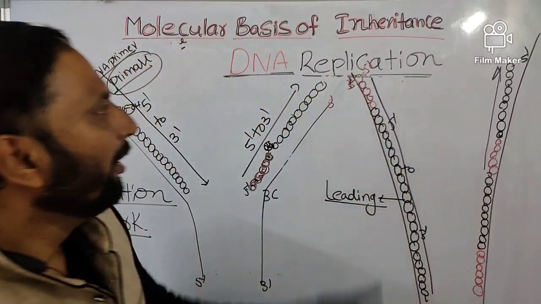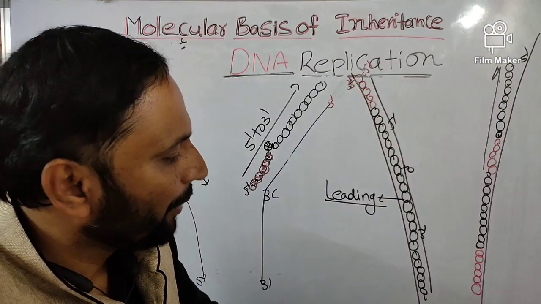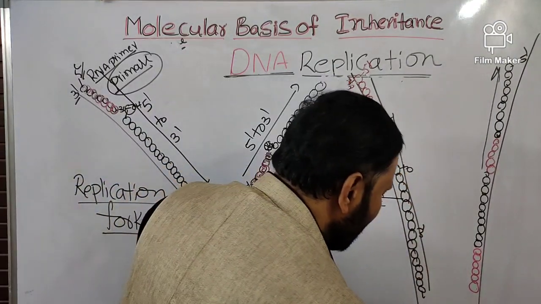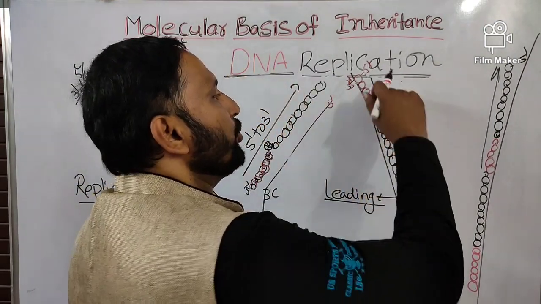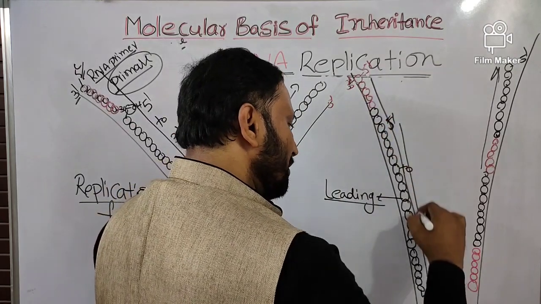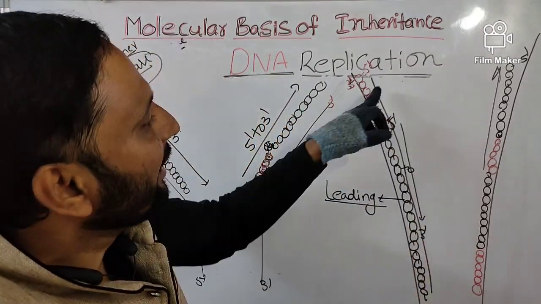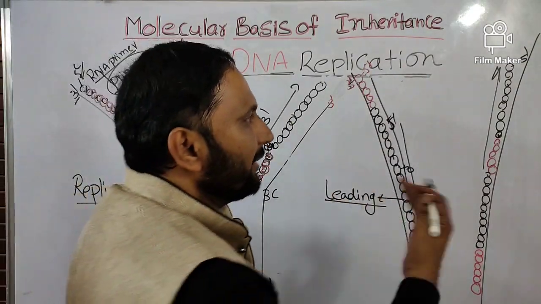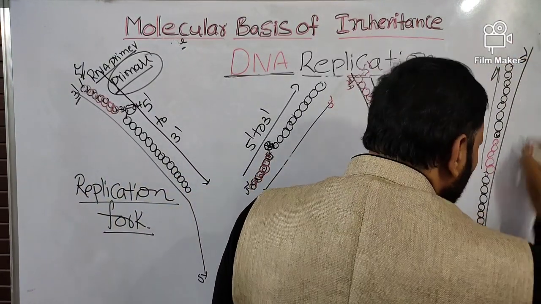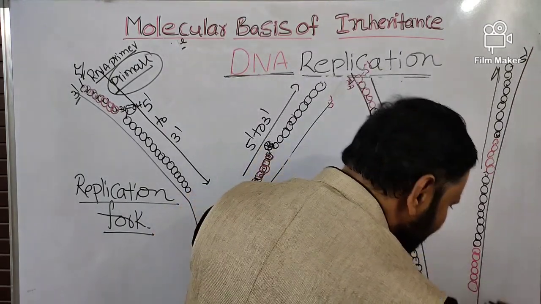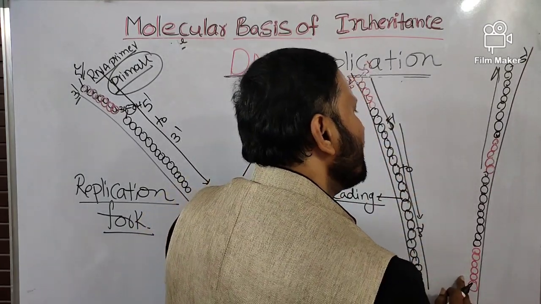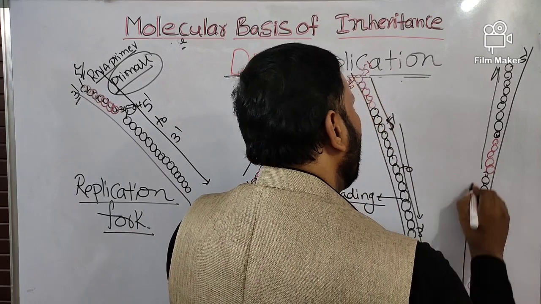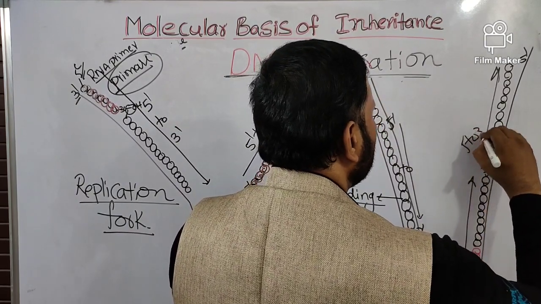Remember, when the mother strand is 3' to 5', the new strand forms only in the 5' to 3' direction, and that DNA is always continuous. Whereas when the mother strand is 5' to 3', the new DNA strand forms in 5' to 3' only, the same process.